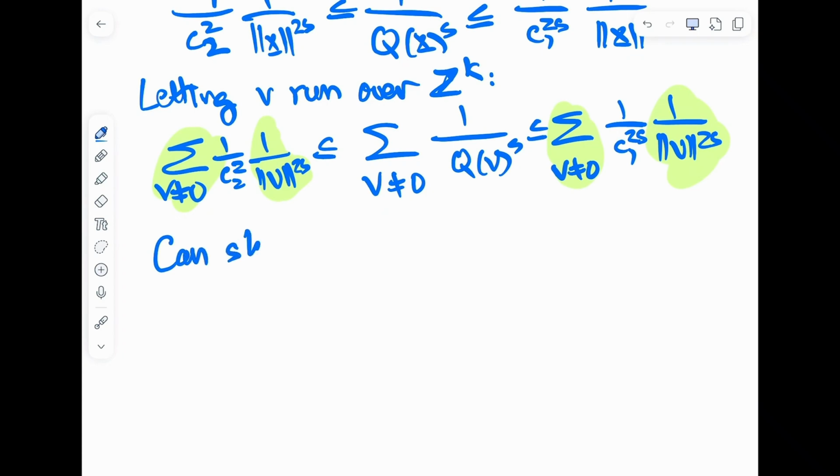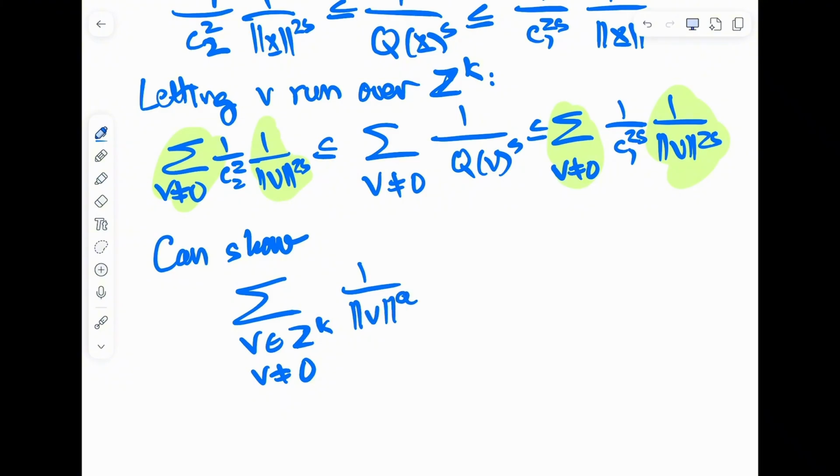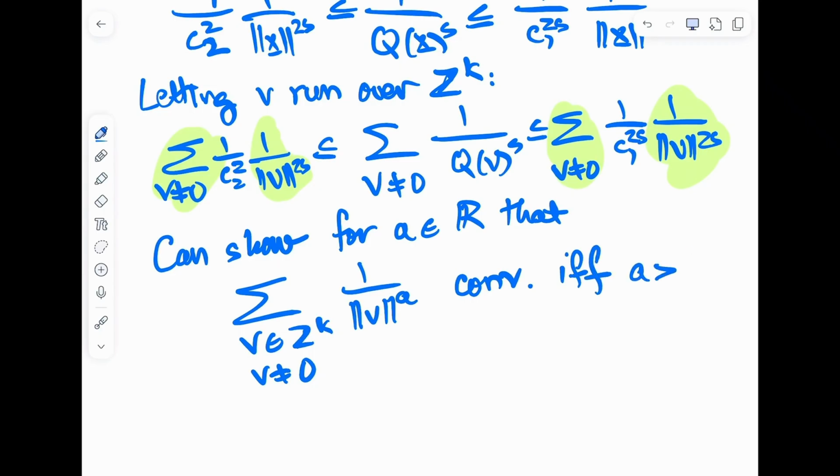It turns out that depending on the dimension, if you sum over all the integral vectors, excluding 0, 1 over length to some power a, you can show for real number a that this thing converges, this is a sum of positive numbers, necessarily absolutely, if and only if a exceeds the dimension. For instance, take k equal 1.